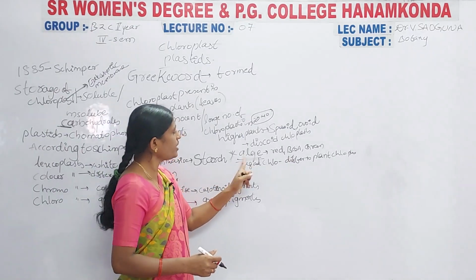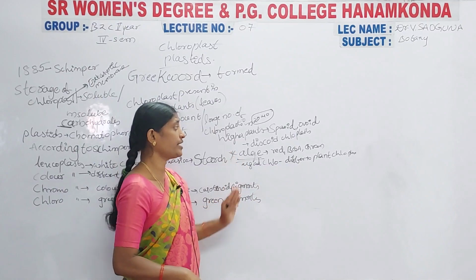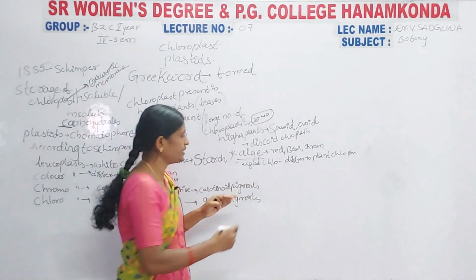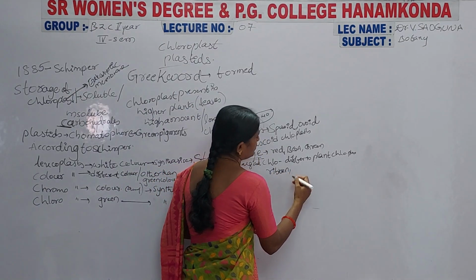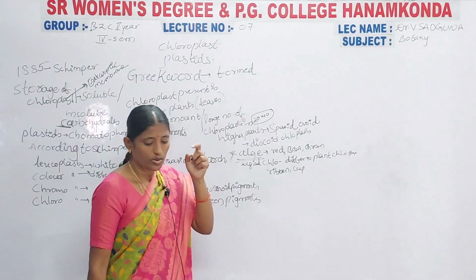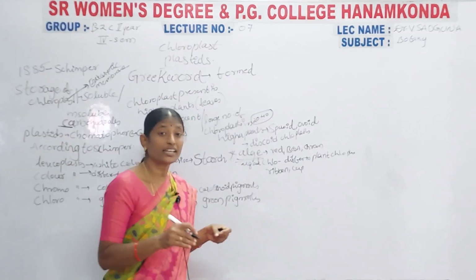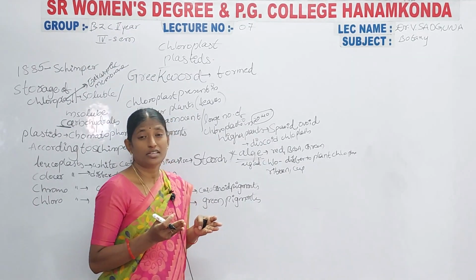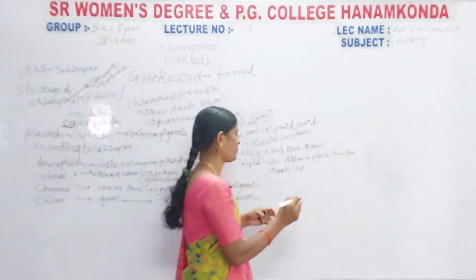In plant cells the chloroplast is spheroid or ovoid, sometimes discoid. But the algal chloroplast is ribbon or cup shaped, and sometimes spiral, as in Spirulina and Spirogyra.